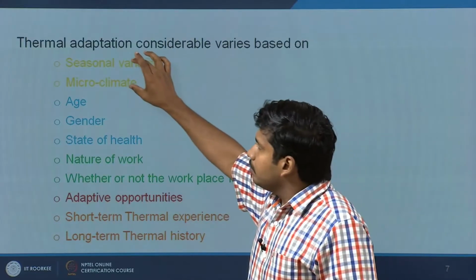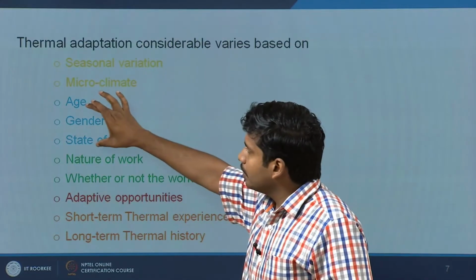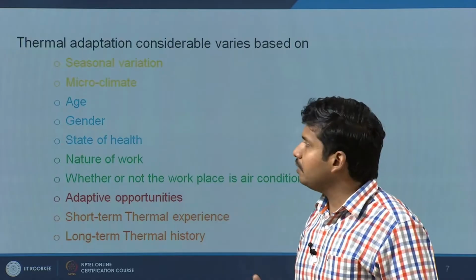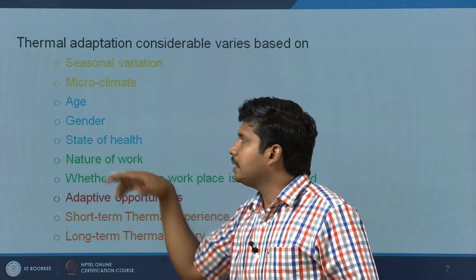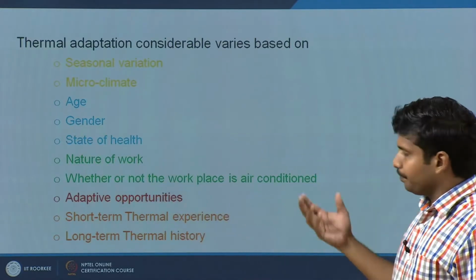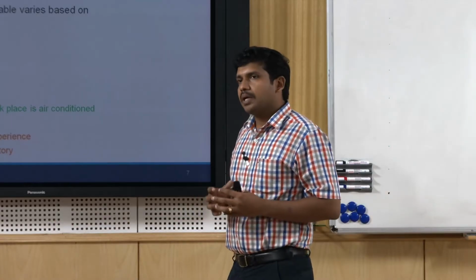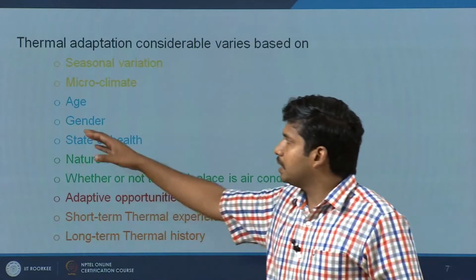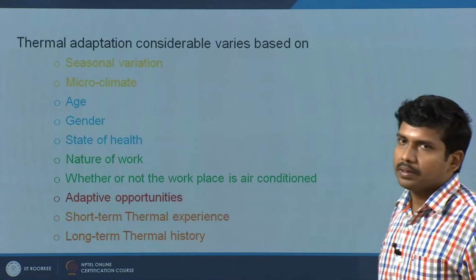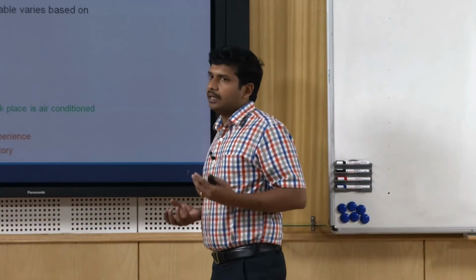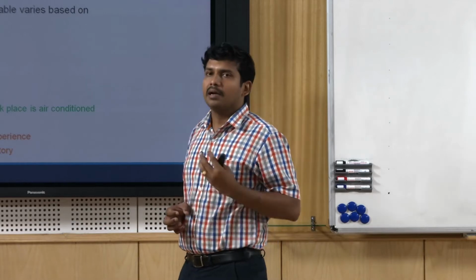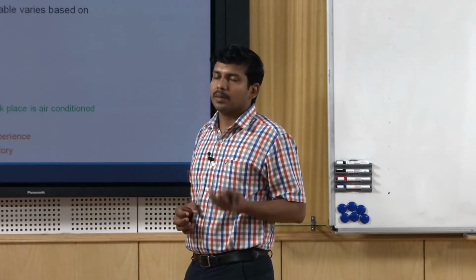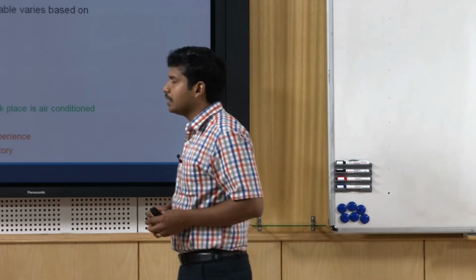These are environmental variables. Then the next set is personal variables: age, gender and state of health. For example, during field studies we found a considerable difference in thermal adaptation with respect to age as well as gender. For example, older people did not complain much about heat discomfort during summer, but they had more complaints about cold discomfort during winter.